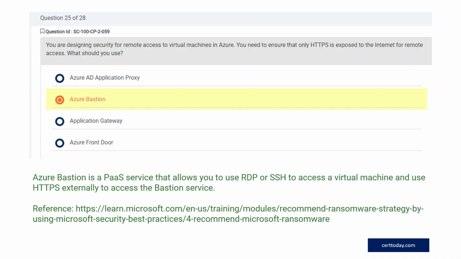Azure Bastion is a PaaS service that allows you to use RDP or SSH to access a virtual machine and use HTTPS externally to access the Bastion service.